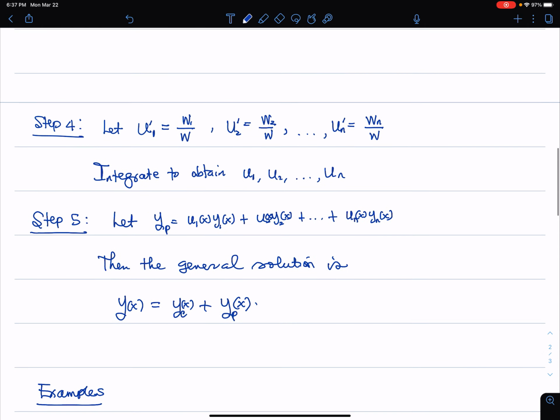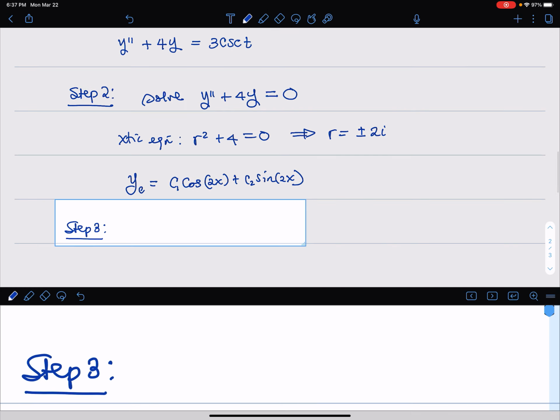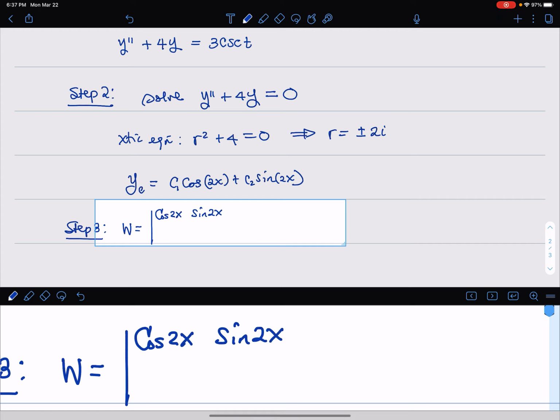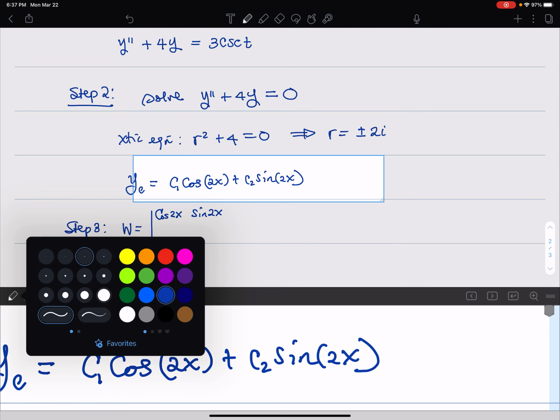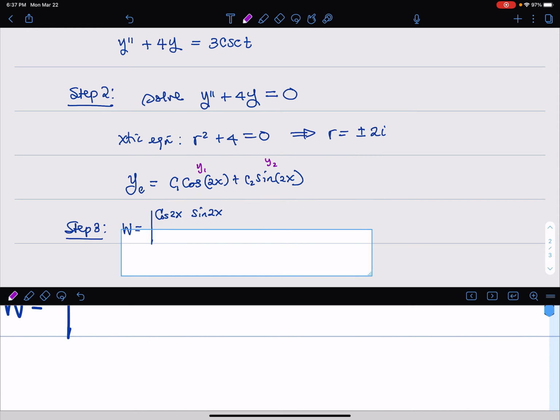So I'm going to compute W. W is cosine of 2x, sine of 2x, right? So this is your y1, y2.